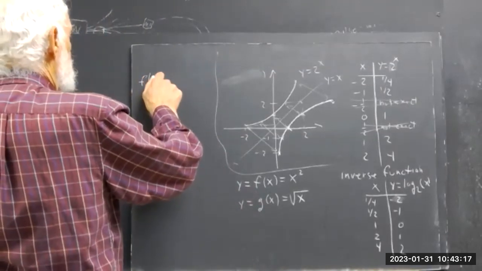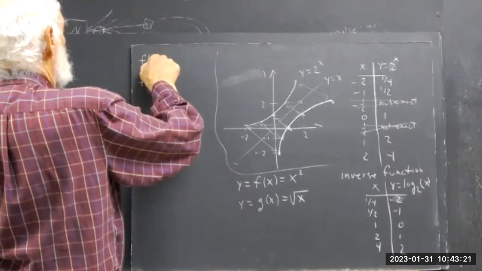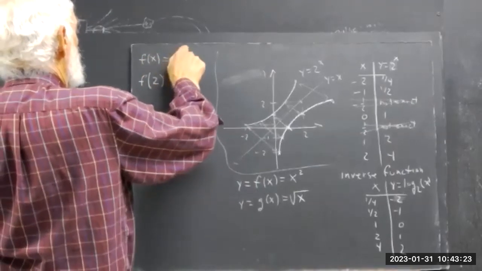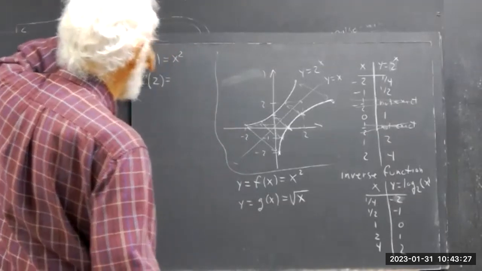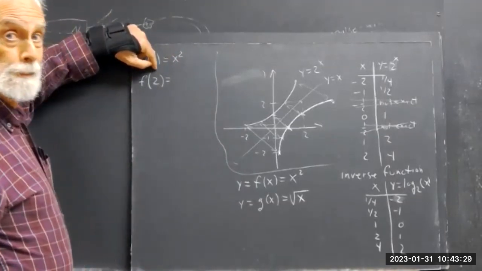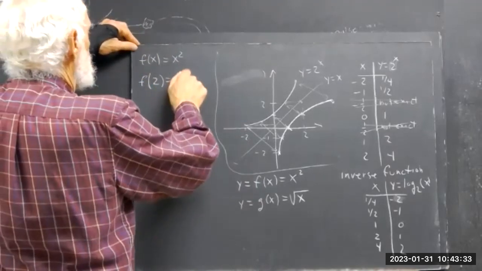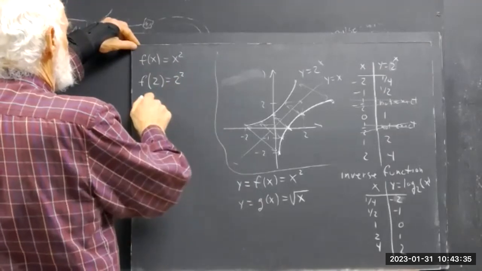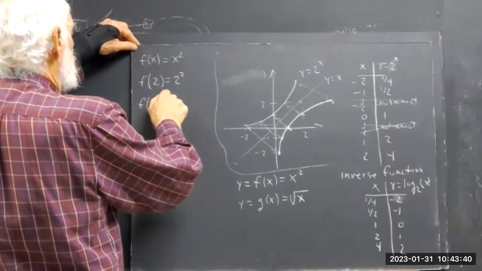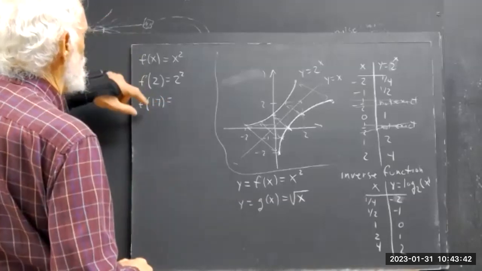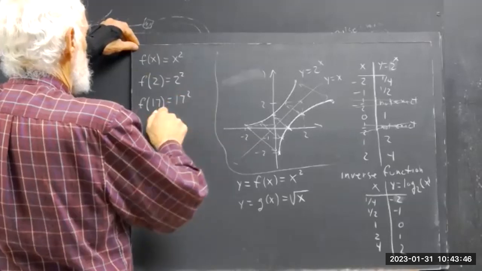Now, we've seen a little bit. If f of x equals x squared, then what's f of 2 equal? Well, now x is 2, so x squared would be 2 squared. f of 17, x is now 17, so f of 17 would be 17 squared.